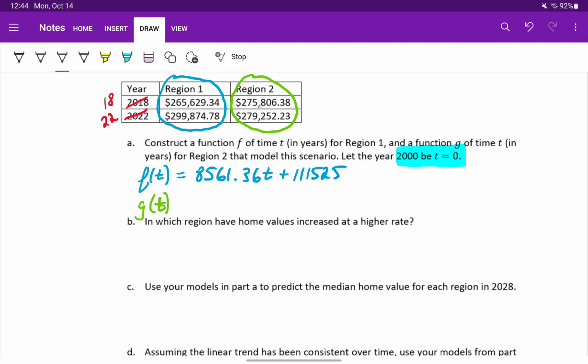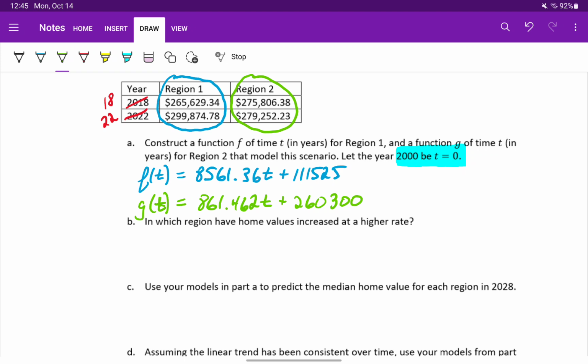And then for our y values, we would replace the two values we just used with the values for region 2. And we would similarly generate the model 861.462t plus 260,300.